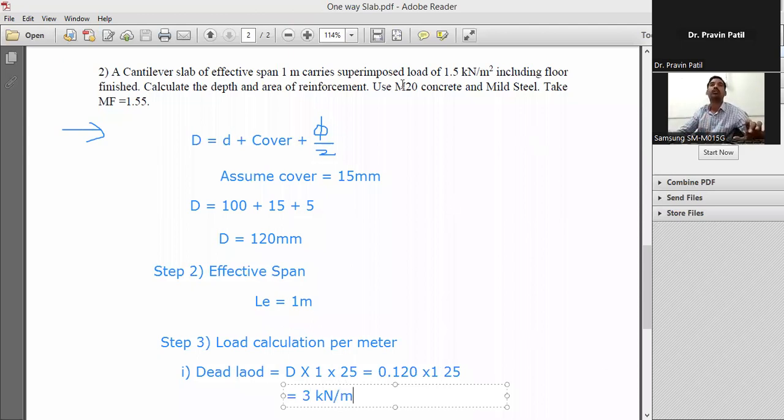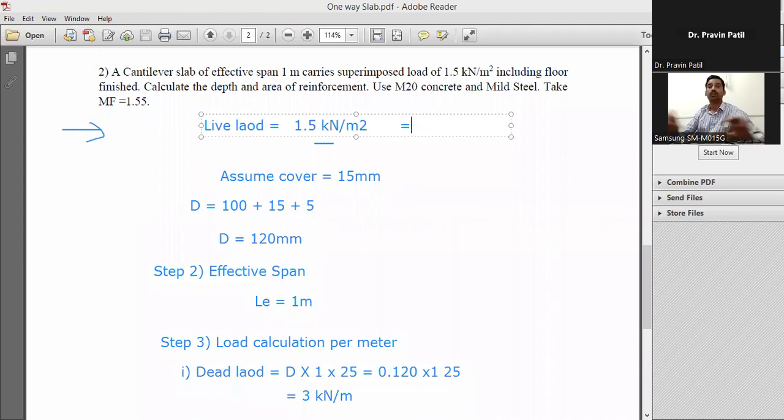Okay. Second, the live load is given, including floor finishing: 1.5 kilonewton per meter square. For 1 meter width we are considering, that's why it is multiplied by 1. It will be 1.5 kilonewton per meter. Okay.